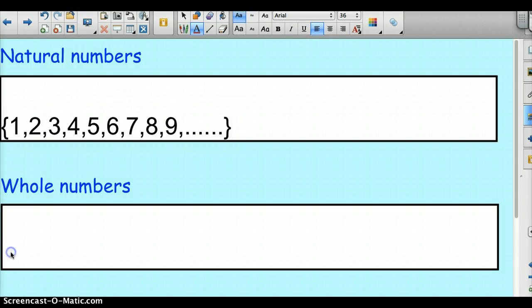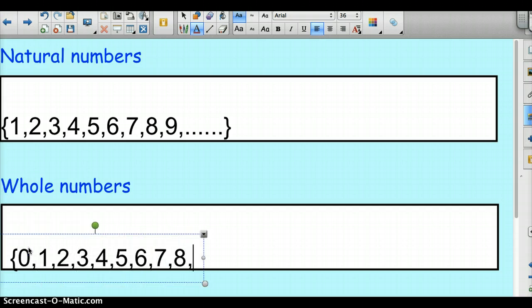Now we'll contrast that with the whole numbers, which will include 0. So it's 0 and the positives: 0, 1, 2, 3, 4, 5, 6, 7, 8, 9, and that goes on forever too. Now that right there was a review. You're supposed to know that, but I was making sure we were good on that one.